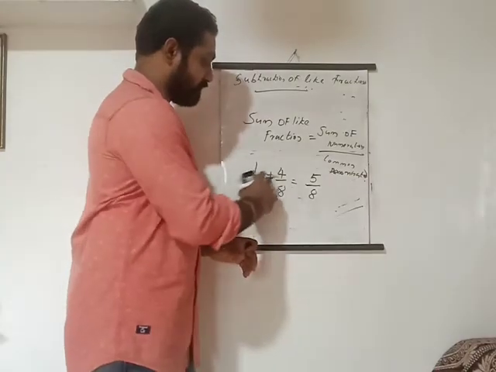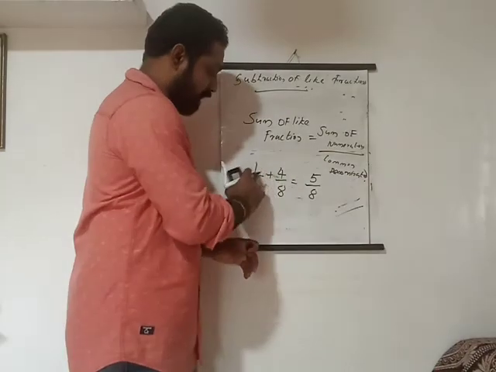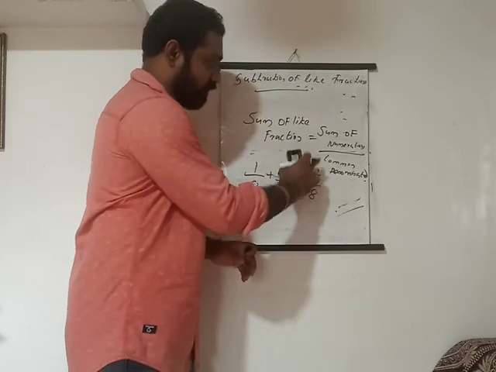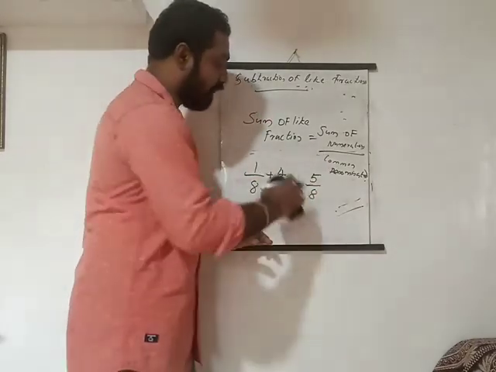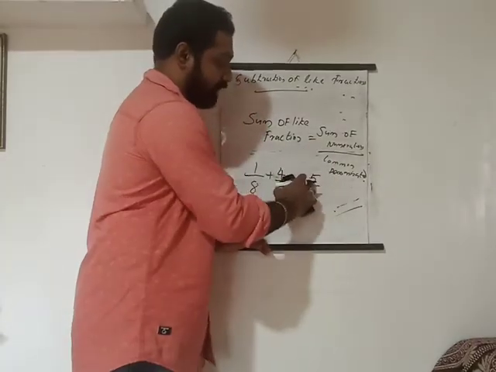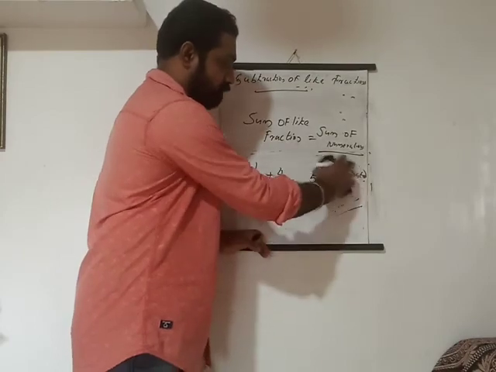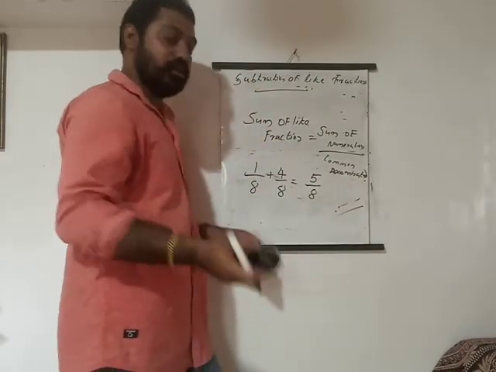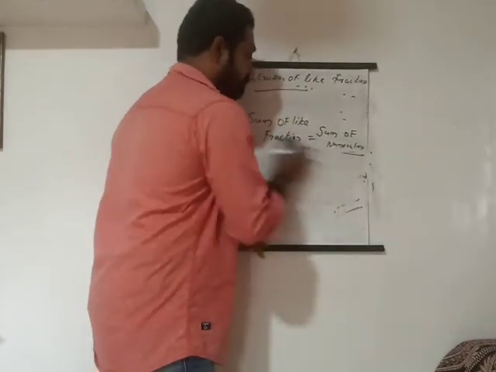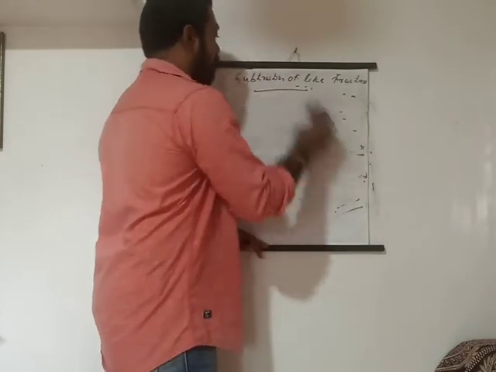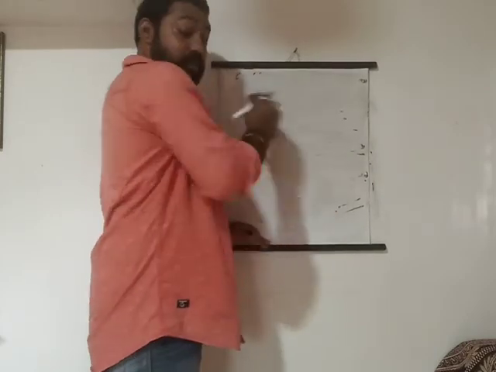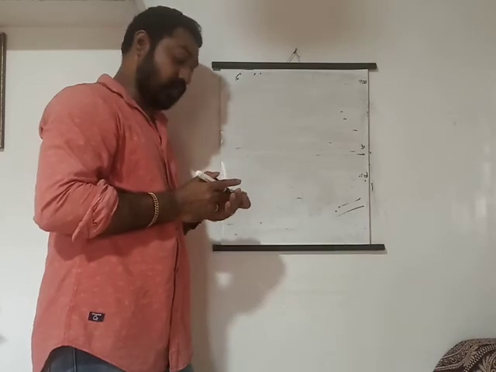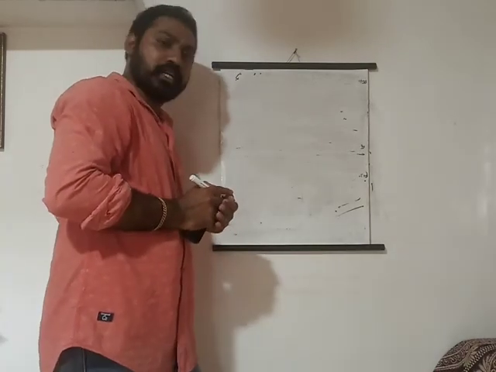Sum of like fractions means we are adding like fractions. So to get the answer, what do you have to do? Sum of numerators divided by the common denominator. That is addition and subtraction of like fractions. So that's all for today. Thank you.